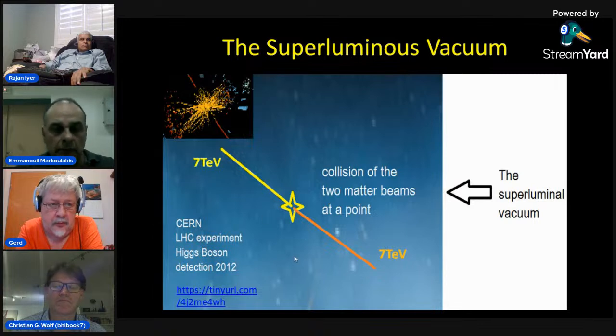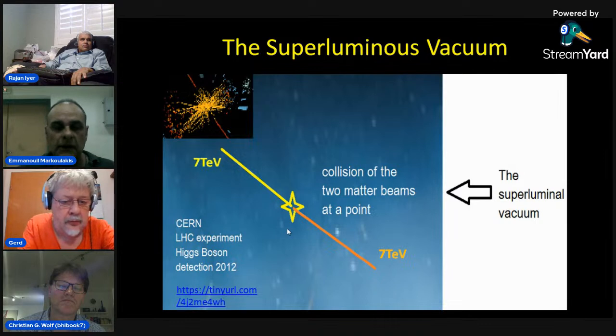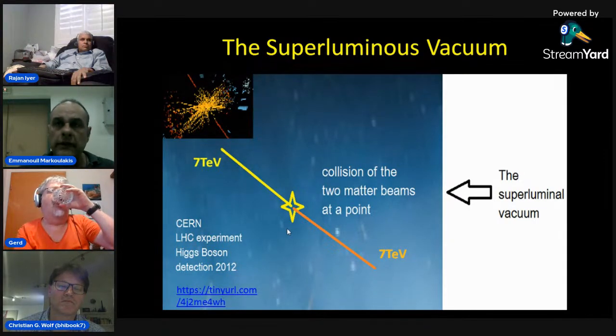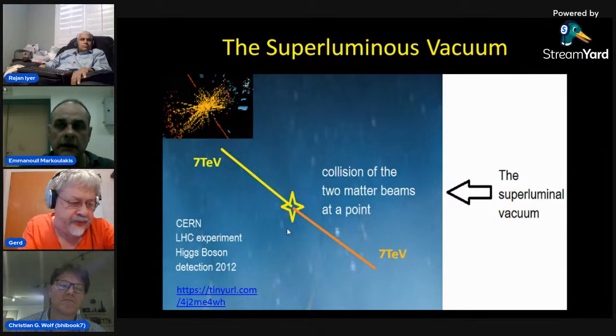So the two matter beams had a kinetic energy of about 7 tera-electronvolts, very highly energetic beams of protons, and then they collided at a point. We should not imagine the collision like billiard balls colliding. Actually, when two protons come very close together, the matter fields interact.